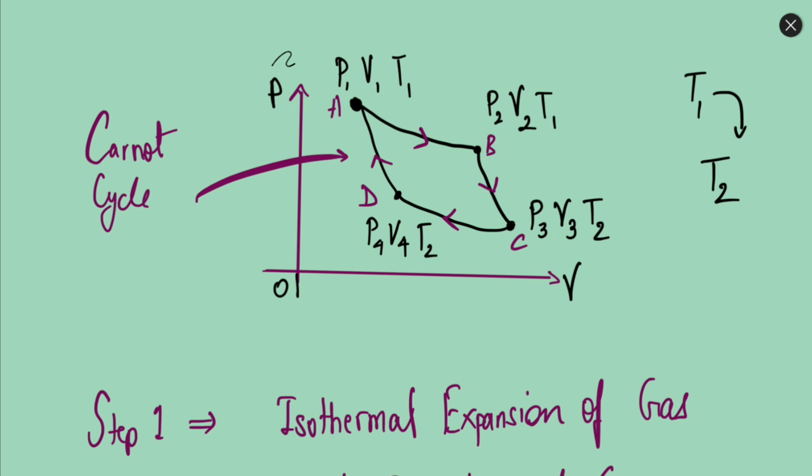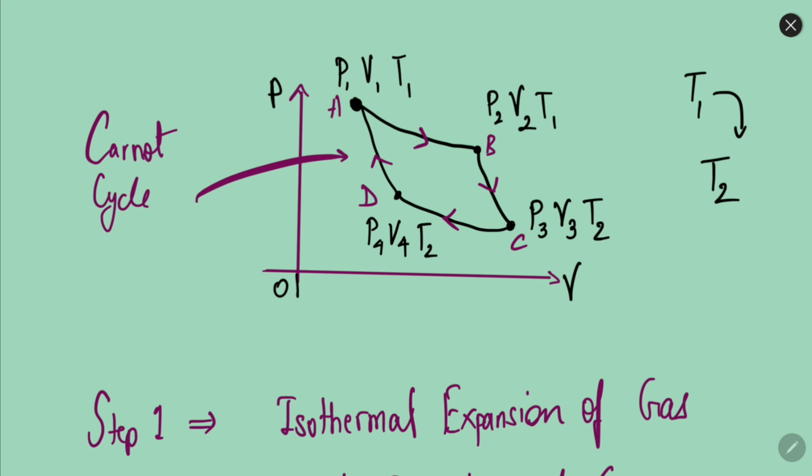So let's say we start from here, and we will again come back here. In this graph between pressure and volume, we can see the process starts from point A, then we go to point B, then to point C, then to point D, and then again back to point A. Let's say the pressure, volume and temperature at point A are P1, V1 and T1.